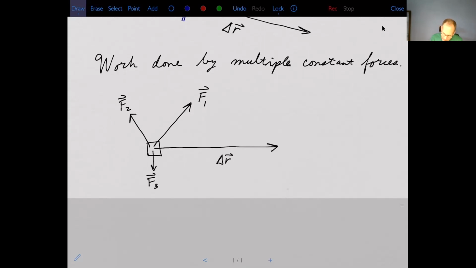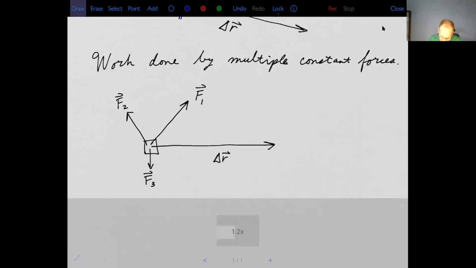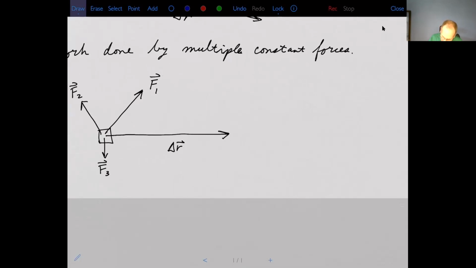If you add those three vectors together, a simple tip to tail, I start with F1, let's say I add F2, something like this. So this is F1, this is F2, and then F3 is going to be like that.